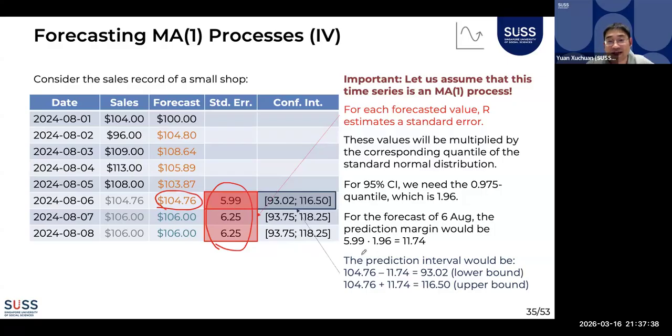For a 95% confidence interval, the z value is 1.96 from the standard normal distribution, and times the standard error, this will be half of the range of the confidence interval. So the estimated value minus and plus this range will give you the 95% confidence interval of your forecast.